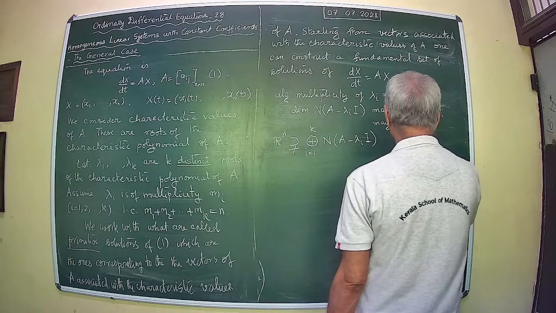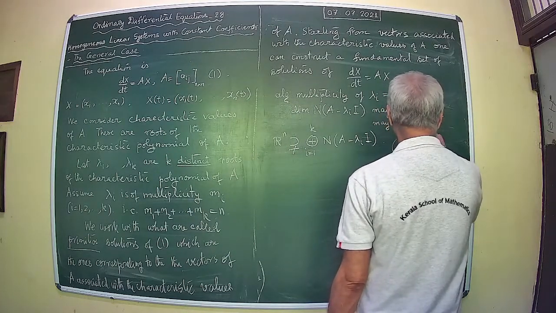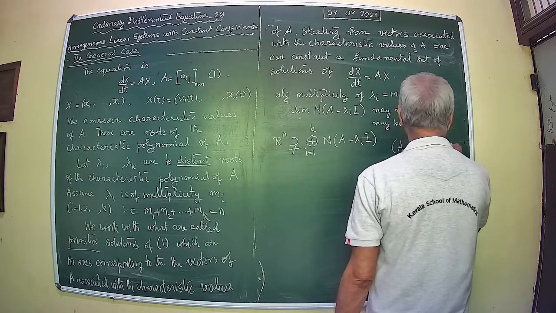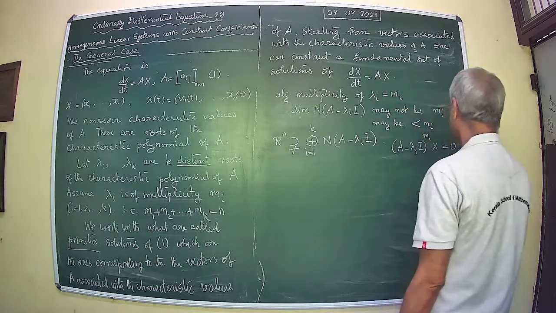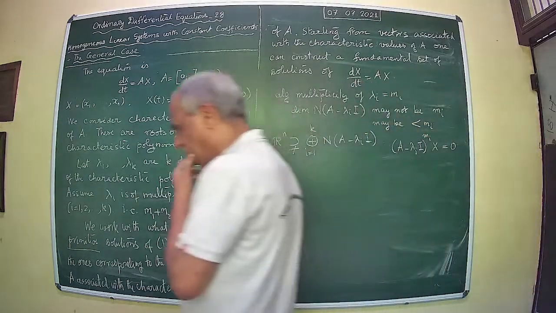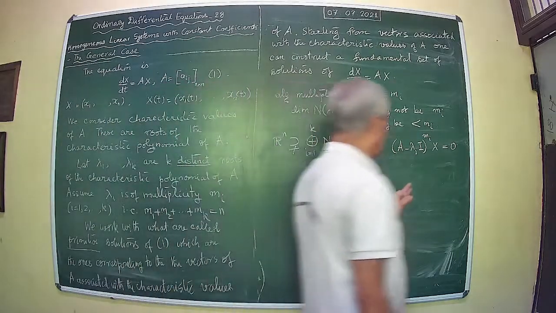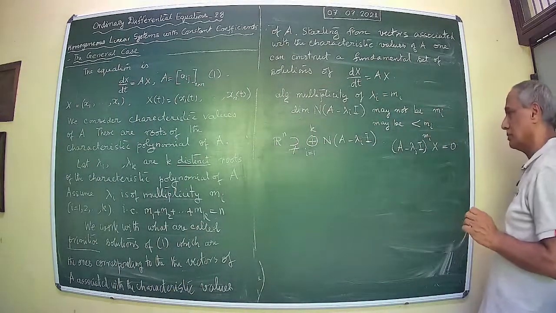Lambda I x equal to 0. You can show that this is equal to 0. Okay.